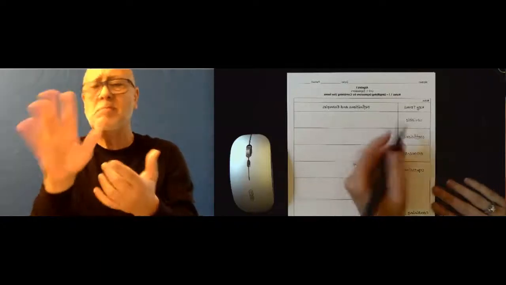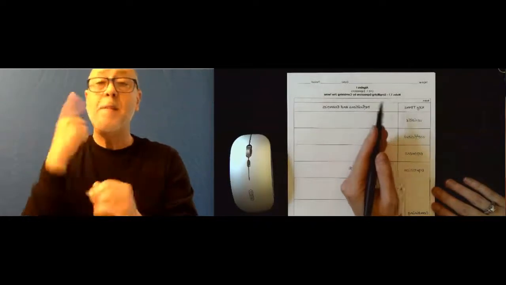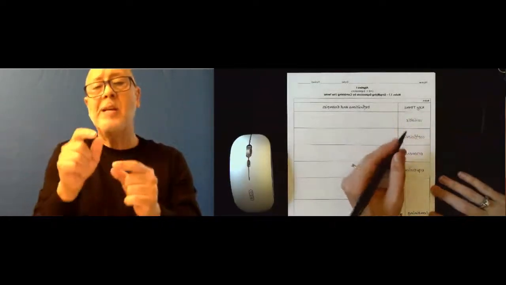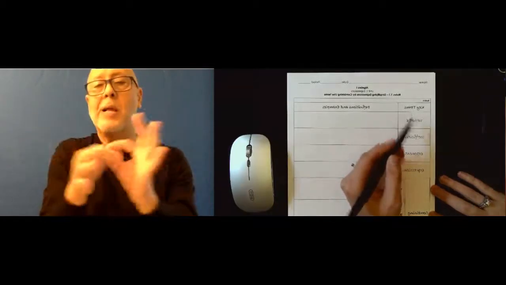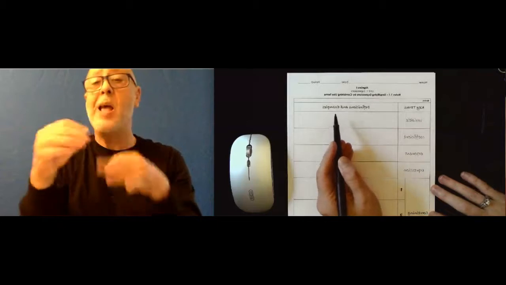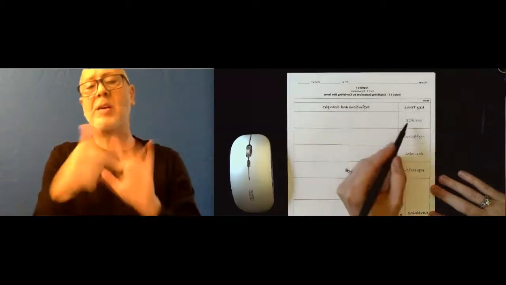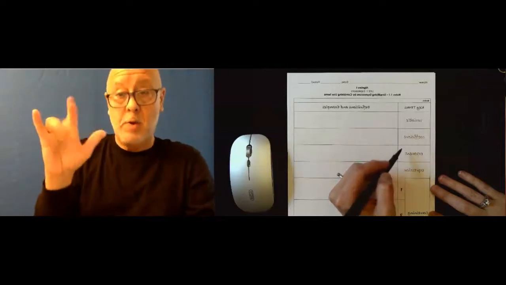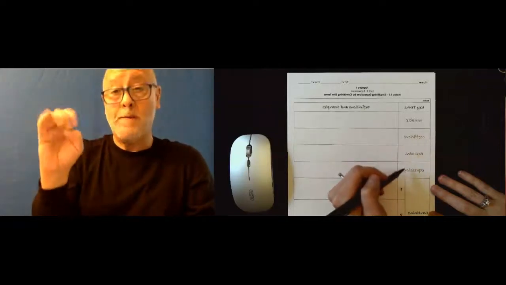So this is notes for 1.1, simplifying expressions by combining like terms. The first part we have are the key terms and the definitions and their examples. So we have variable, coefficient, exponent, and expression.